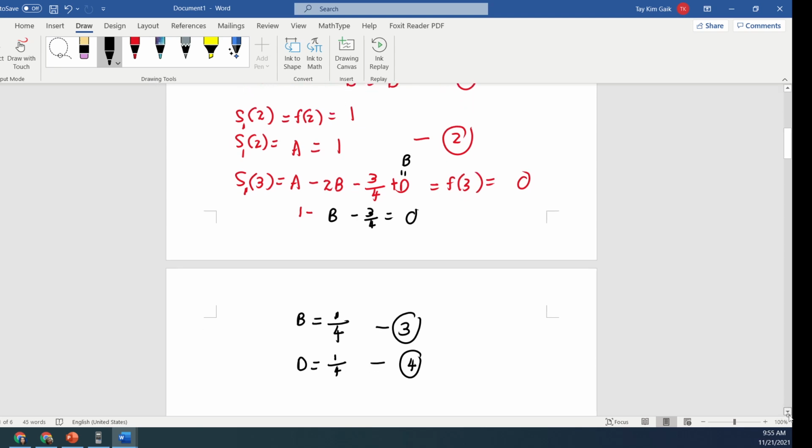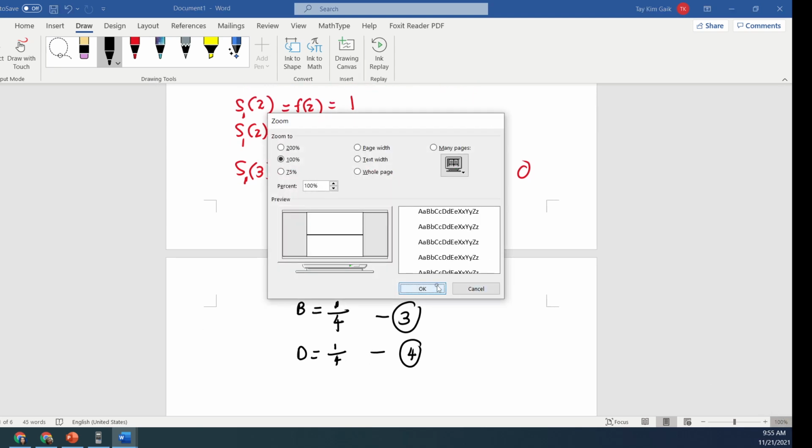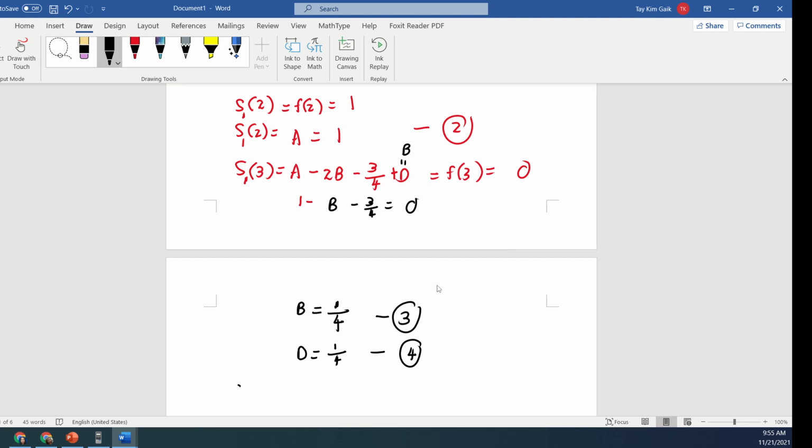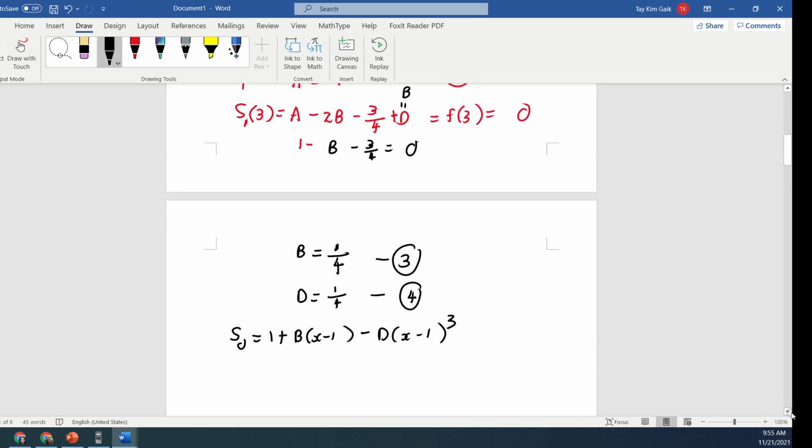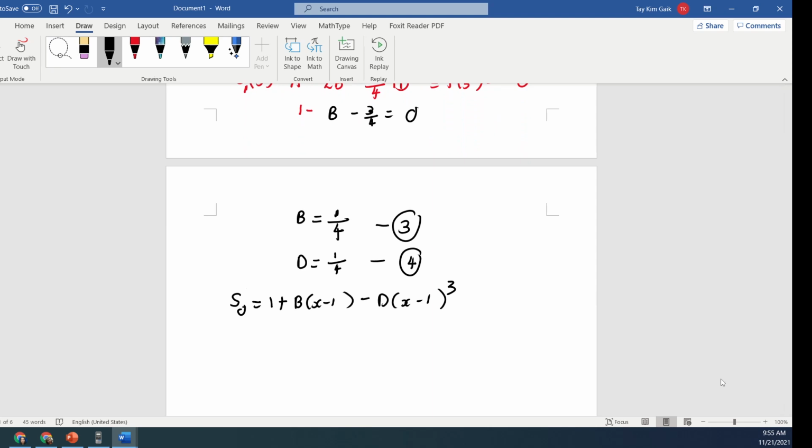Since this is a natural cubic spline, we can check from S naught. Our S naught is 1 plus b(x minus 1) minus d(x minus 1) cubed.